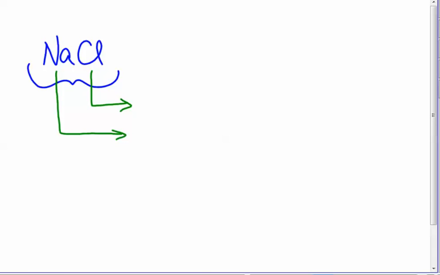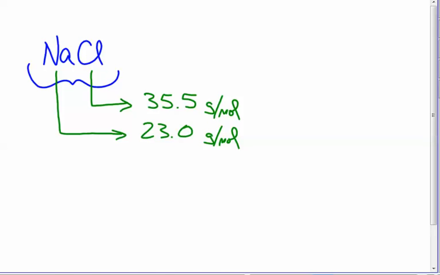And now we can go to the periodic table and recognize that, if we are rounding to the tenths place, chlorine has a molar mass of 35.5 grams per mole, and sodium, according to the periodic table, has a molar mass of 23.0 grams per mole.